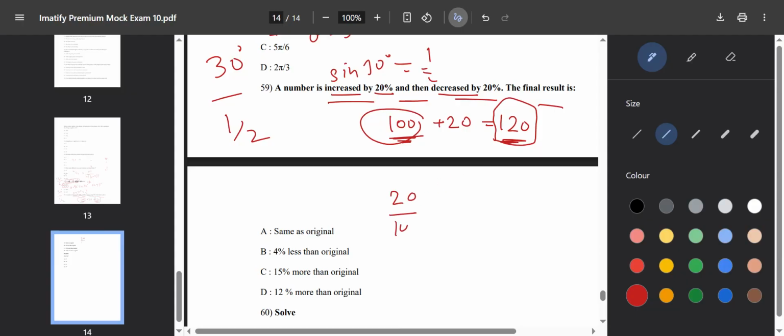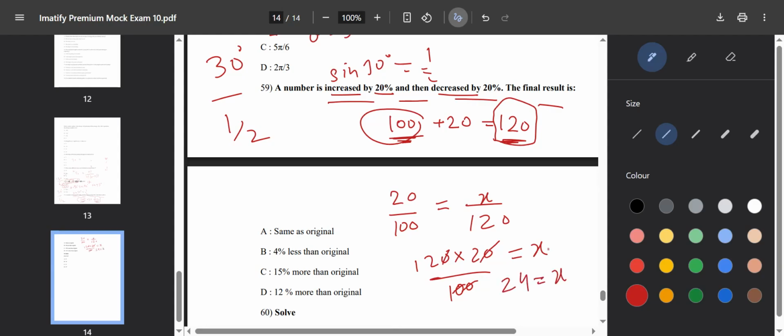So we have to find the 20% of 120. It will be like this: 100 is to 20 as 120 is to x. So this is 120 into 20 divided by 100 is equal to x. So this cancels out. 12 into 2 is 24. So the 20% of 120 is 24.